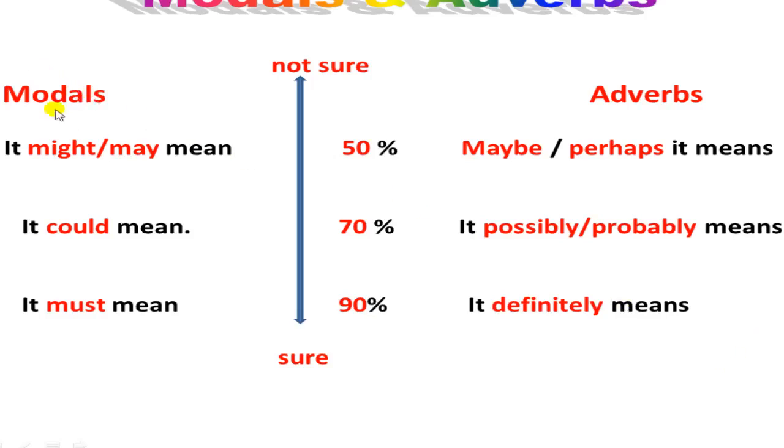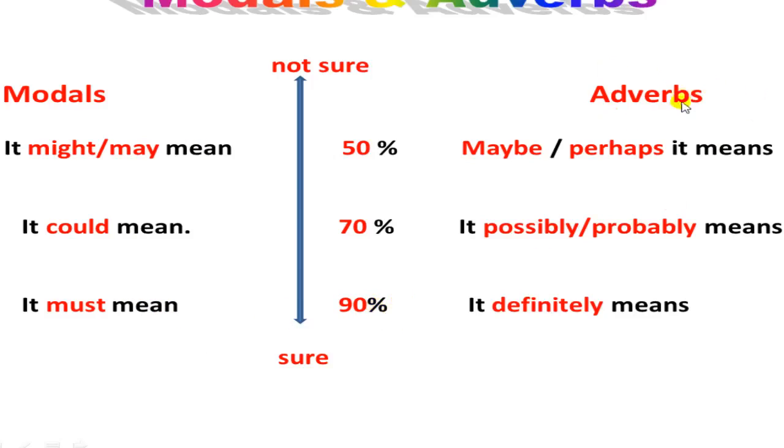So here these are modals, these are adverbs. You can use modals or adverbs to guess something. It may mean, it might mean, it could mean, it must mean. So you think you are not sure until you are pretty sure, 90%.